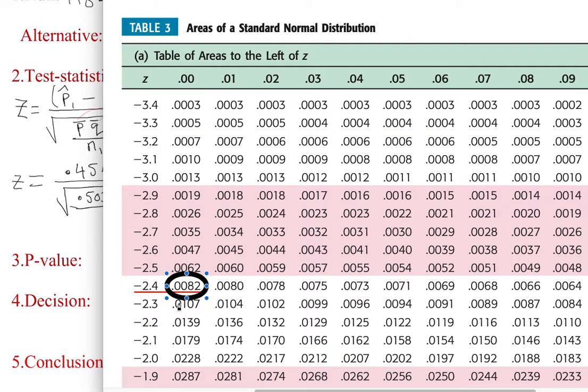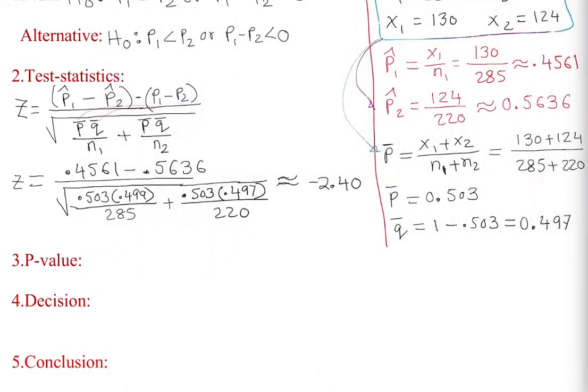If it is two tail, we just go to the left one and multiply by 2. So in any scenario, you can find the phi value. We found our phi value is 0.0082.